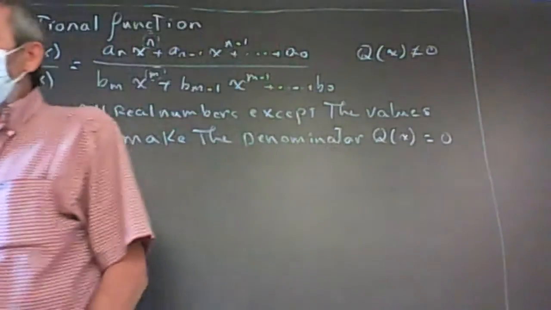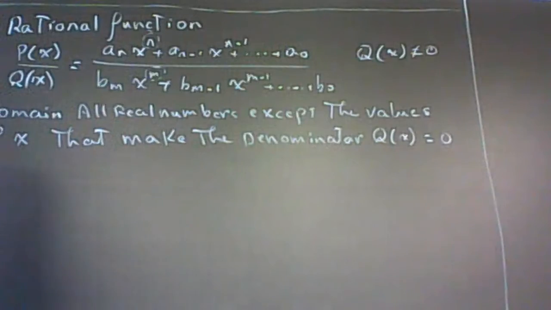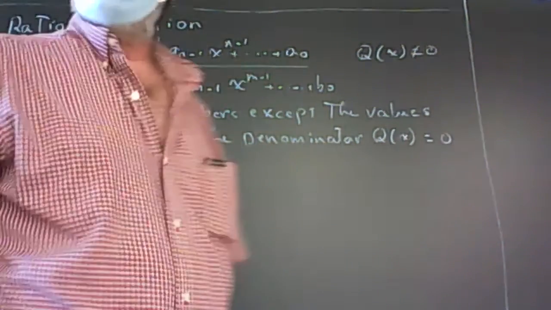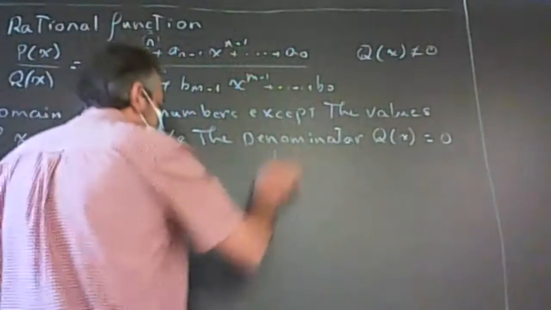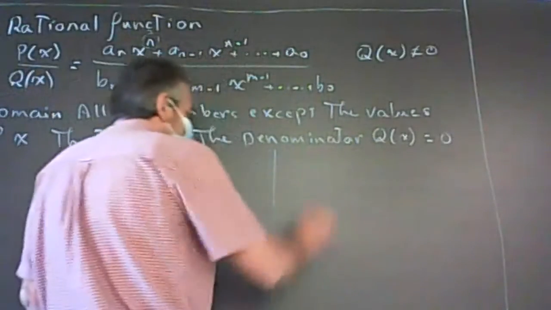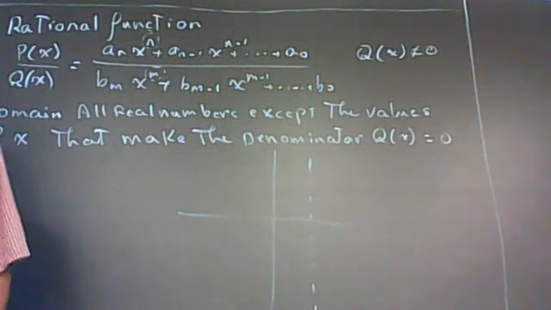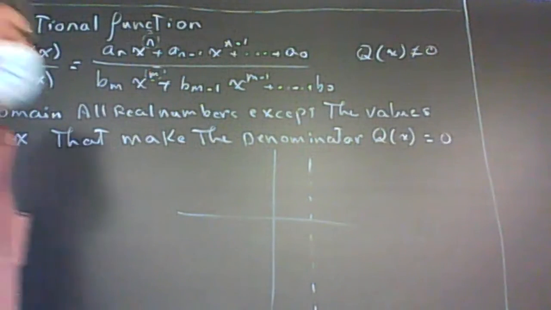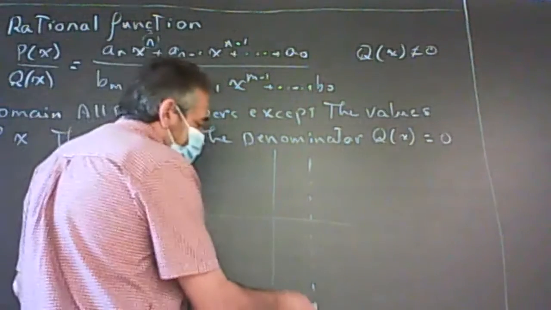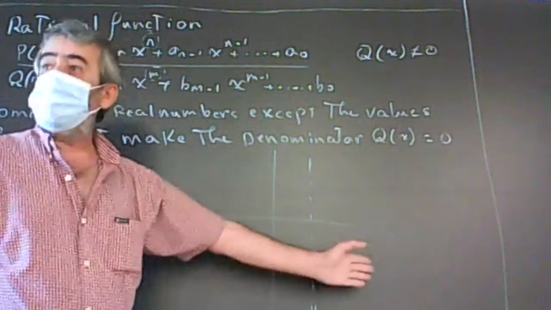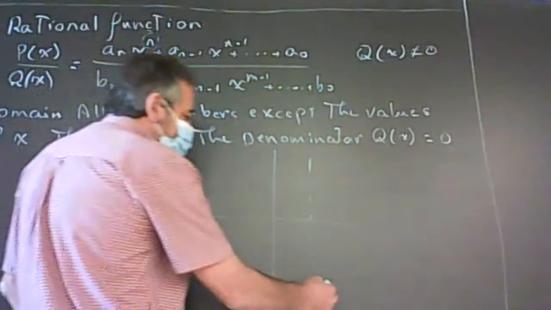Vertical asymptotes are basically vertical lines which the graph will never cross. So if I have a graph, say for instance like this, and I have a vertical asymptote at this point, then the graph may get close to the line down here like this, but will never touch or cross that line. Or it may be coming from this side.